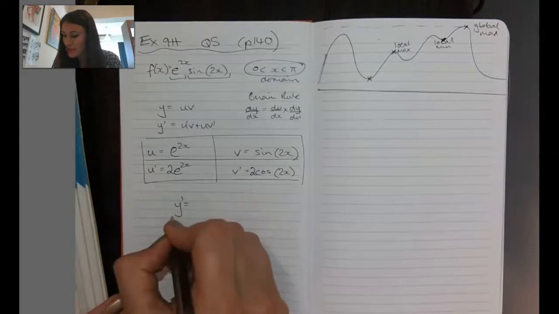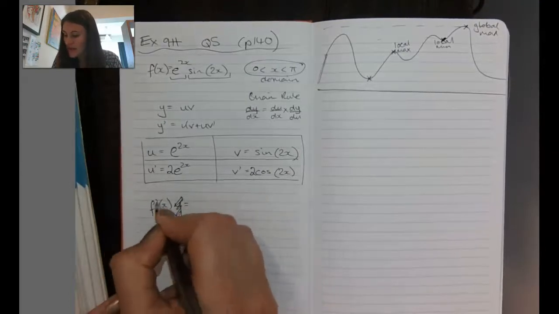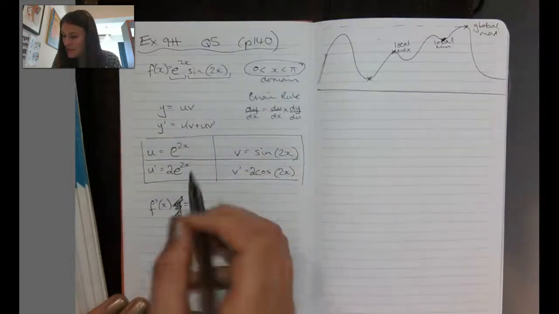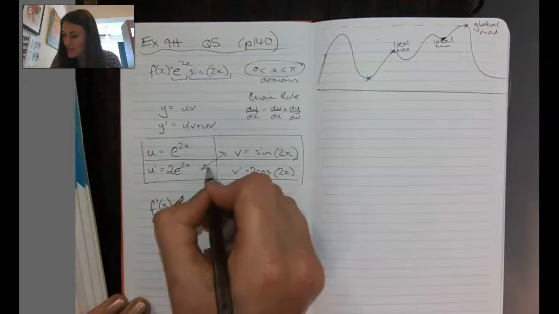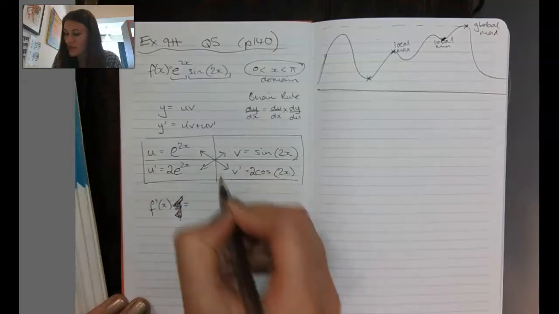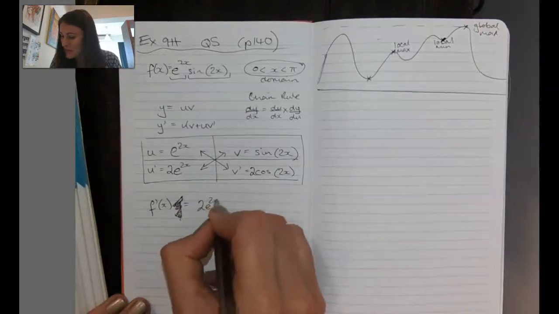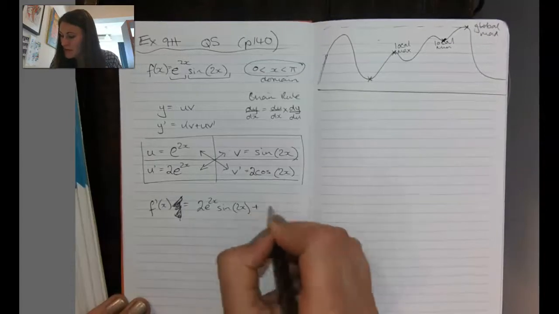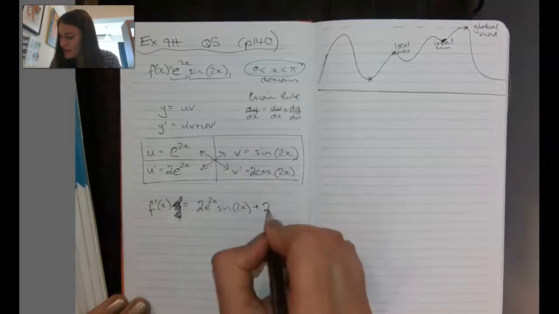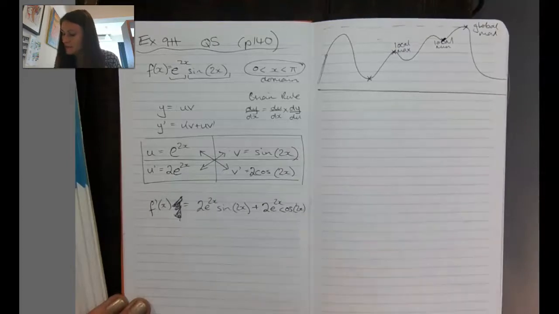So y dashed, or here I should use the notation given in the question, so f dashed of x is, differentiate this one, leave this one alone, so essentially it's these two multiplied plus these two multiplied. So I get 2e to the 2x sine of 2x plus 2e to the power 2x cos of 2x.